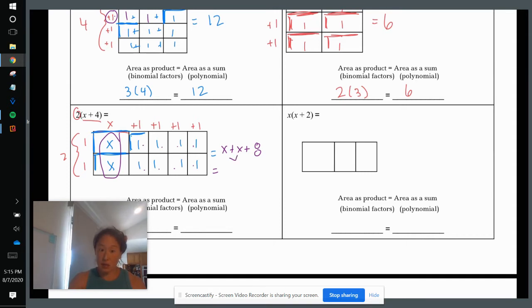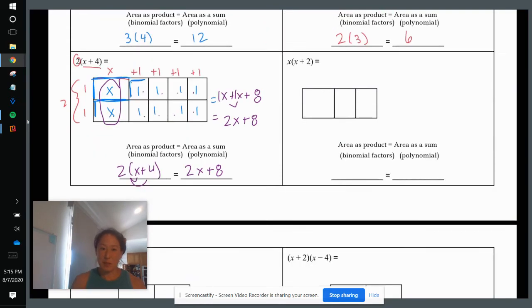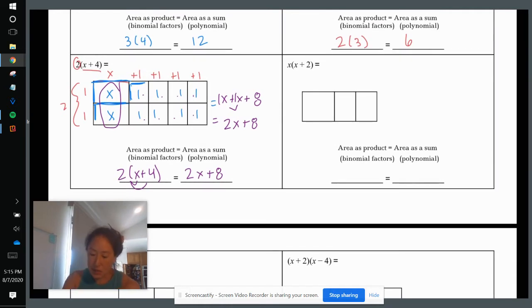Those are like terms, so we add the coefficients, giving us 2x plus 8. This is 2 times x plus 4, which is, if I distribute, I get 2x plus 8. Oh, it works.